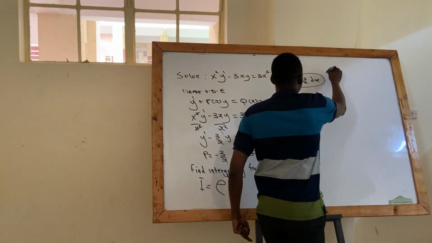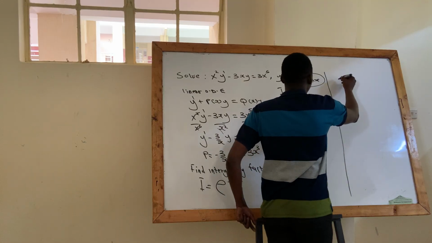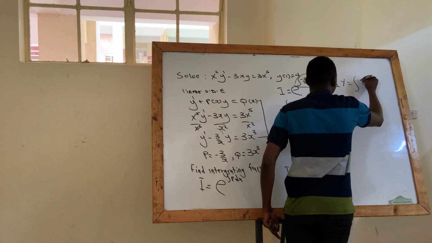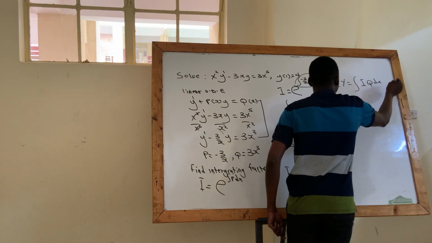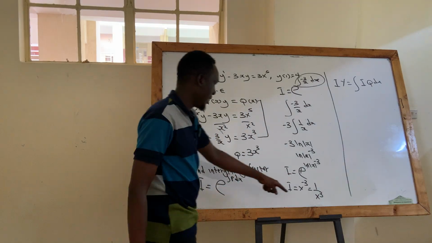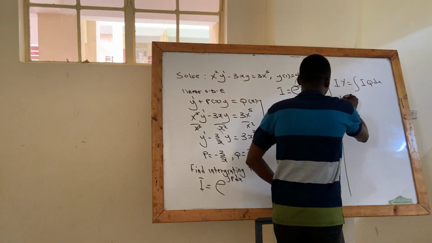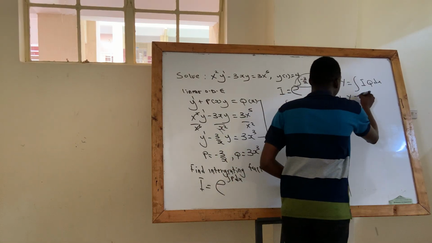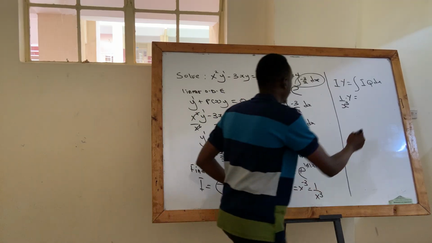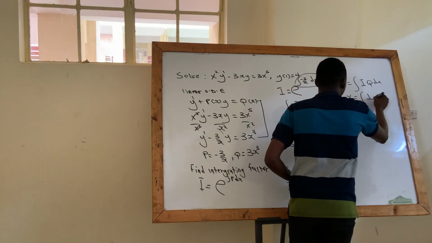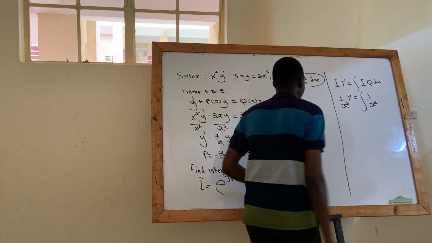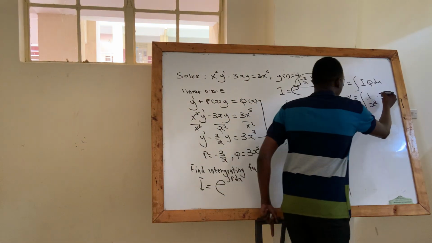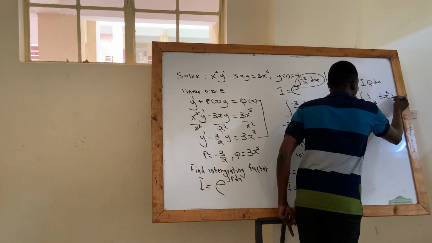Now, next, we need to solve y, which is equal to the integral of I q dx. Our I is 1 over x power 3. So I y is equal to the integral of 1 over x power 3 times q. Remember our q was 3x power 3, dx.